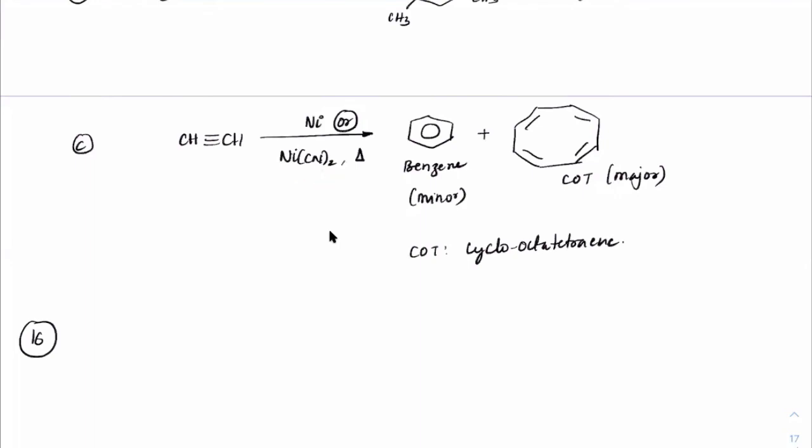So when it comes to nickel, the way the surface of the metal is, instead of absorbing only 3 molecules at a time, this time it will absorb 4 molecules. Suppose this is the surface, so 4 molecules of this will interact at a time. When they interact with each other, you'll get cyclooctatetraene.